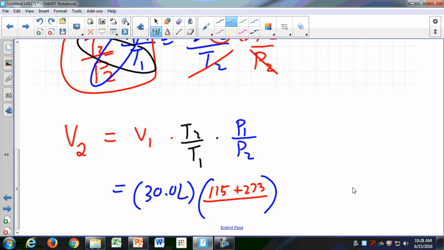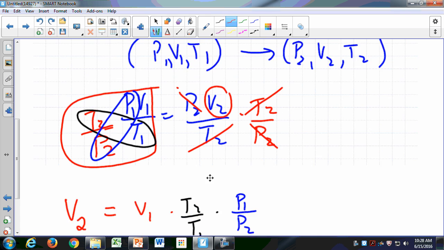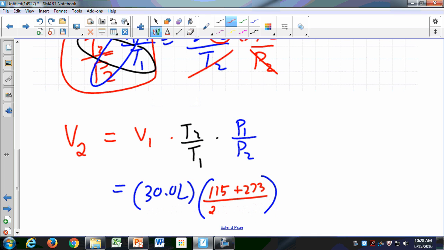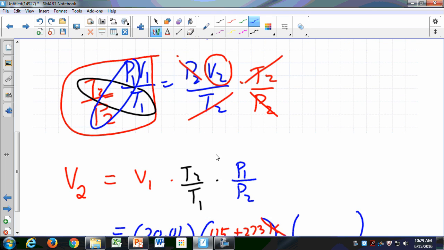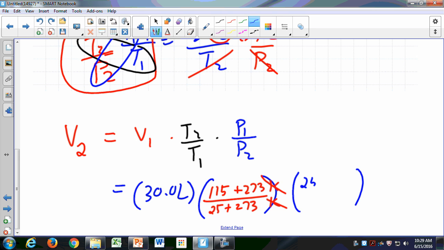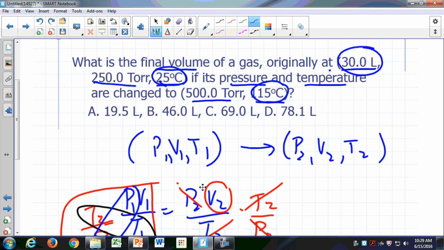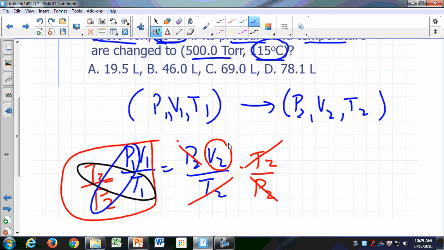And my initial temperature is 25 degrees Celsius, so I have to change that to Kelvin, so 25 plus 273. And so Kelvin up here, Kelvin down here, Kelvin cancels out. All right? And then finally, I multiply that by P1 over P2. So P1 is 250 torr. And P2 is 500 torr.